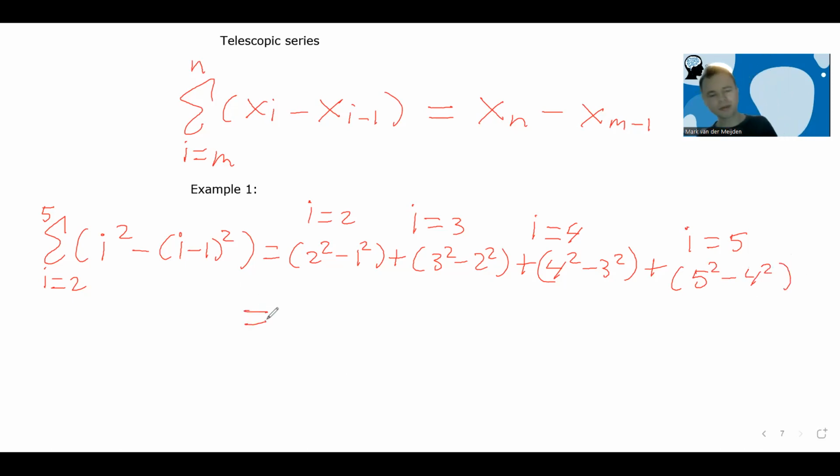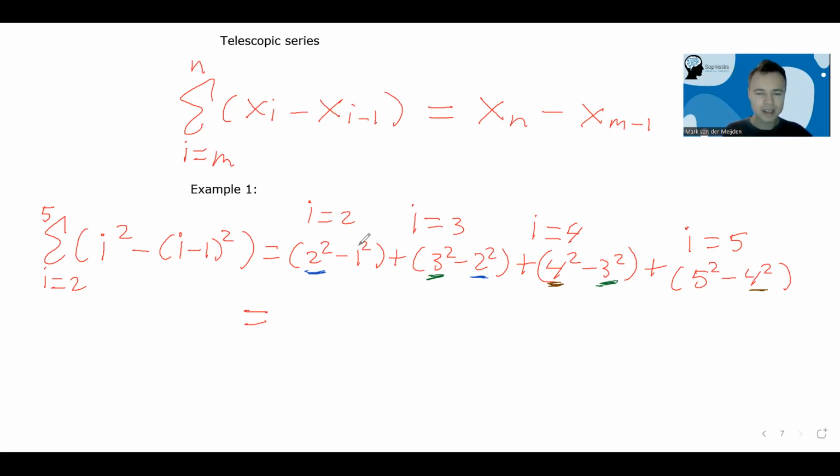So here's what the rule predicts. Everything will cancel out except for the x_n term and the x_(m minus 1) term. So let's have a look. This 2 squared will cancel out with this negative 2 squared. This 4 squared will cancel out with this negative 4 squared. This 3 squared will cancel out with this negative 3 squared.